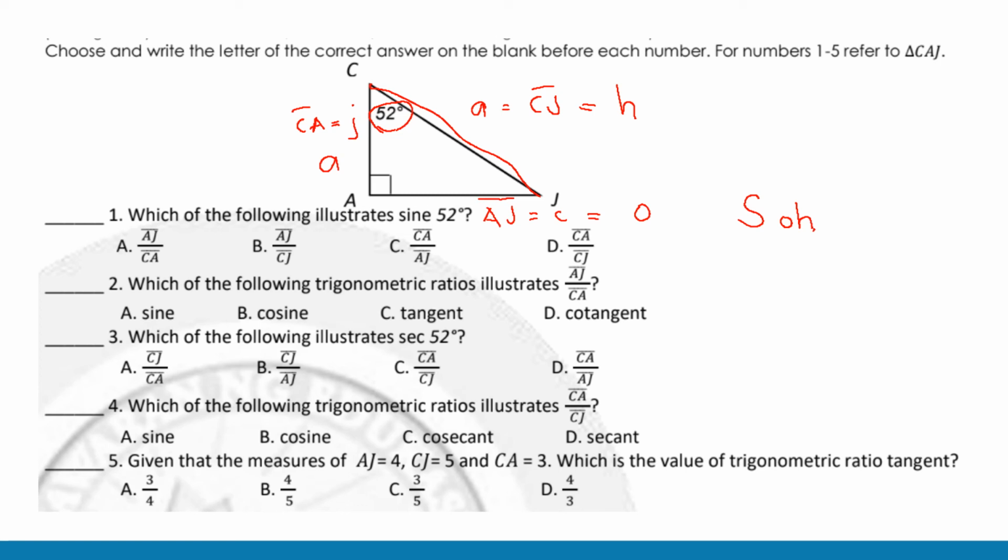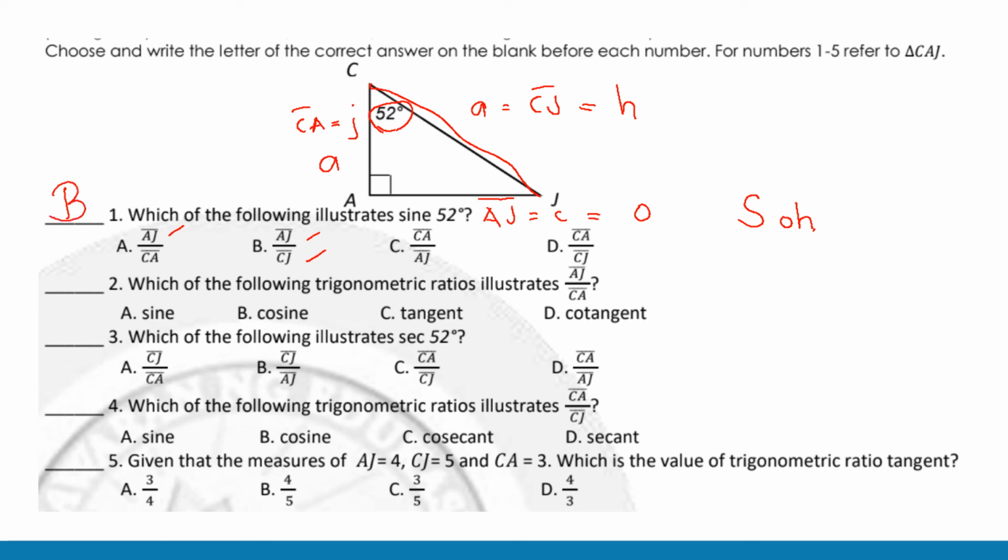In this case, our opposite side is what? Segment AJ. So it's either A or B. But for sure, kailangan nating alamin yung hypotenuse. And our H here is segment CJ. So very obvious, this is segment CJ. Therefore, the correct answer in number 1 is B.